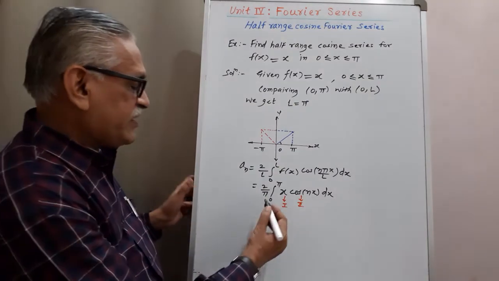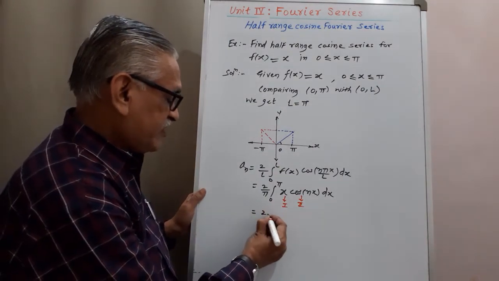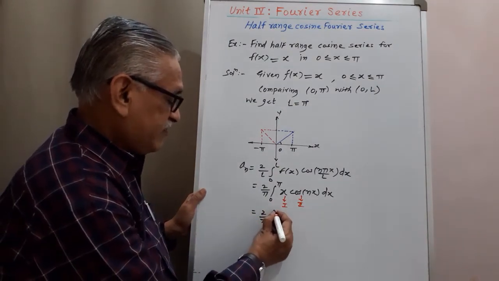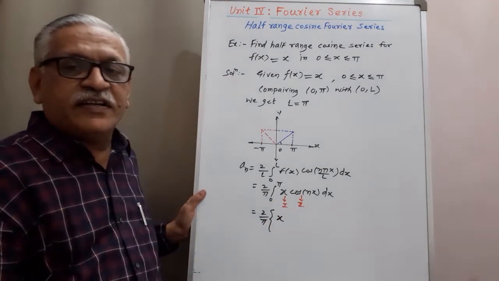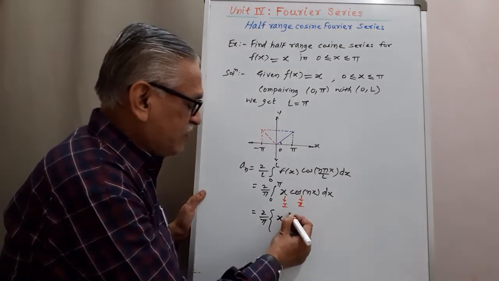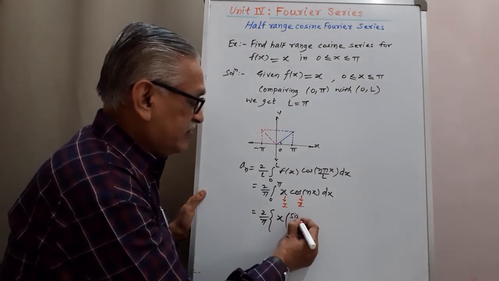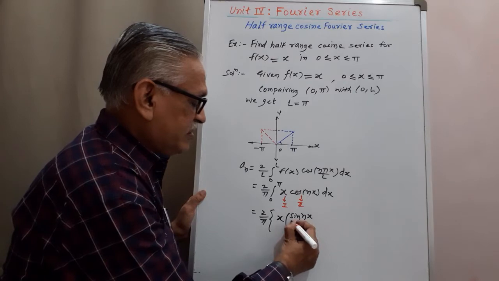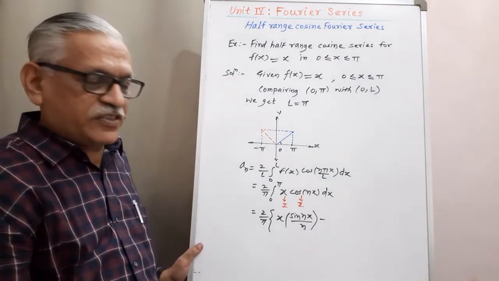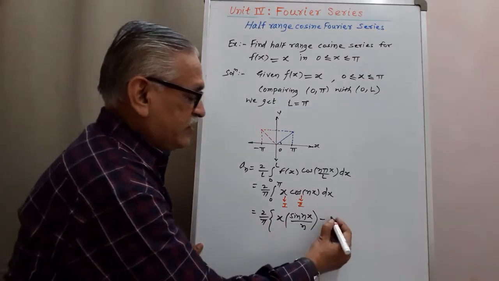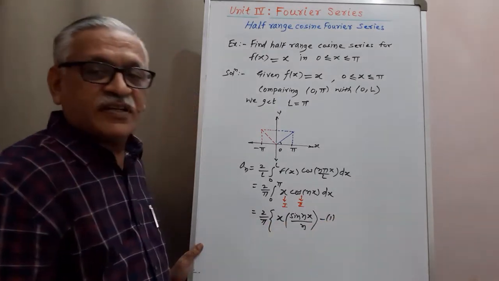Applying that integration by generalized parts, we get 2 by pi. First term x, integration of cos. Integration of cos is sine nx divided by n, then minus, terms alternately positive, negative. Derivative of x is 1.